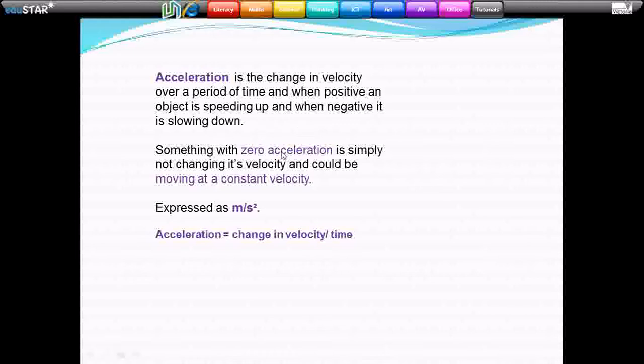If something has zero acceleration, it means that its velocity is constant. It could mean that the object is not moving at all, or it might mean that the velocity is a very consistent pace. Acceleration is measured in meters per second squared, because the formula for acceleration is change in velocity divided by time.